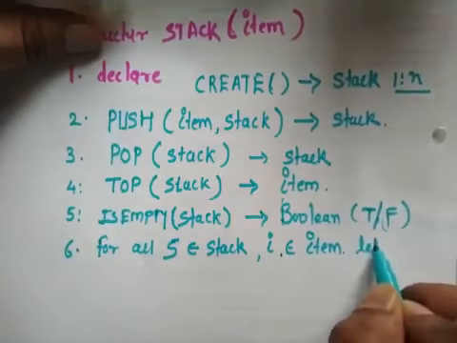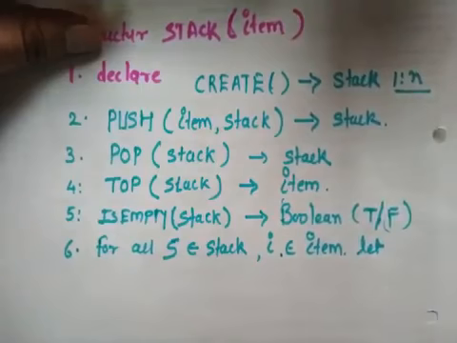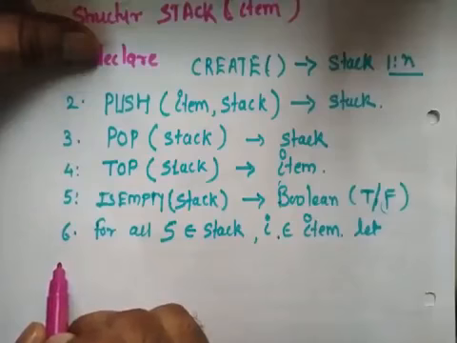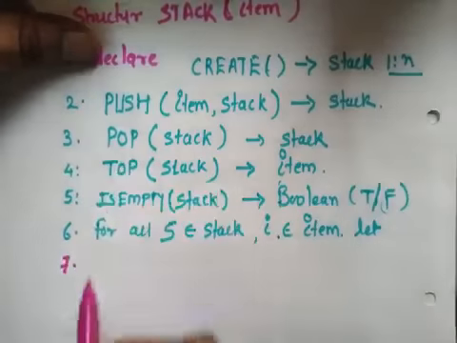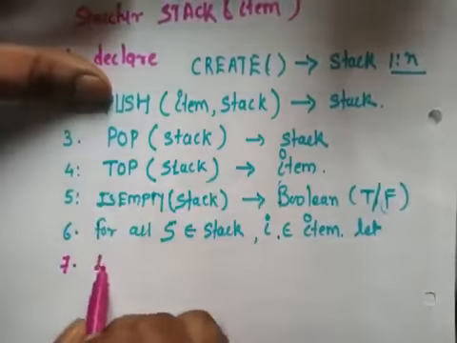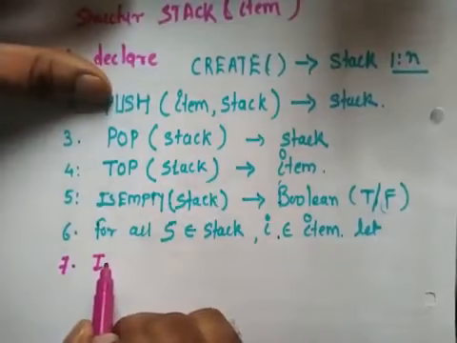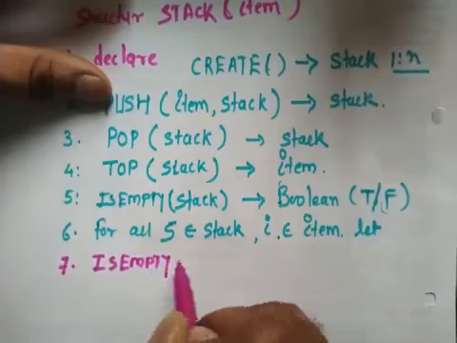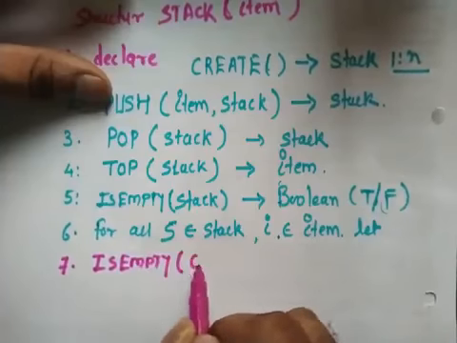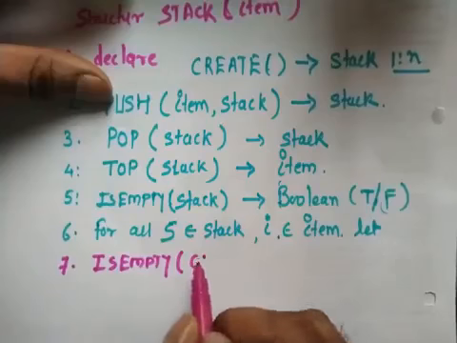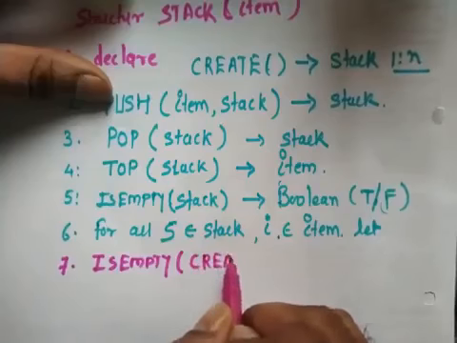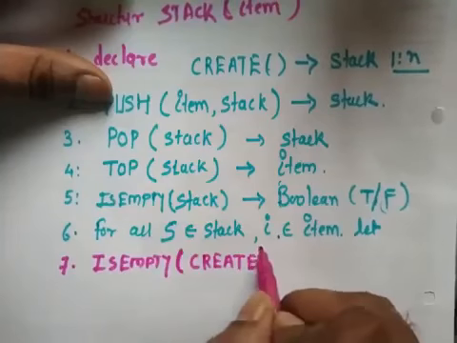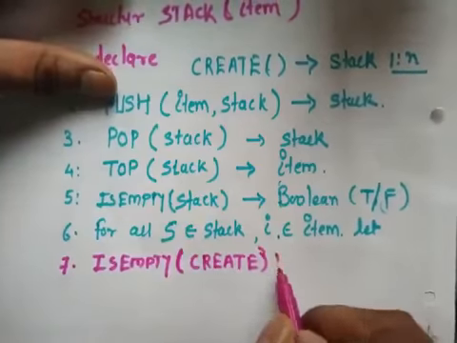Now I am defining some rules, you can say axioms, for stack ADT. Suppose I call the isEmpty function and I pass create to this isEmpty function, then what will it return?